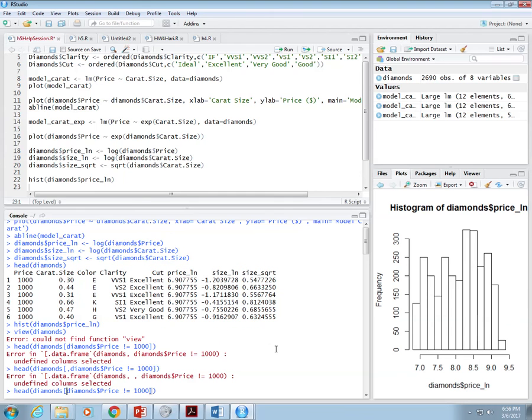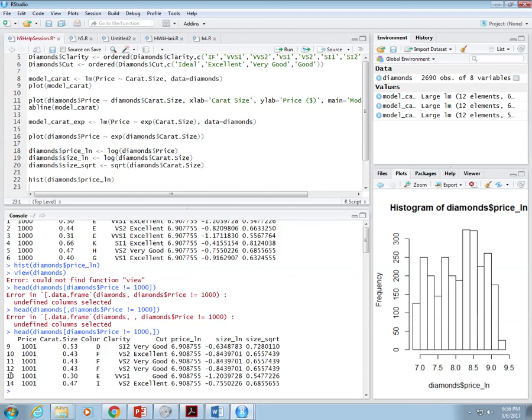My R skills are off. There we go. Yeah, so here you can see the price is 1,001. And so it changed a little bit. It just so happened the first ones were the same. Okay.